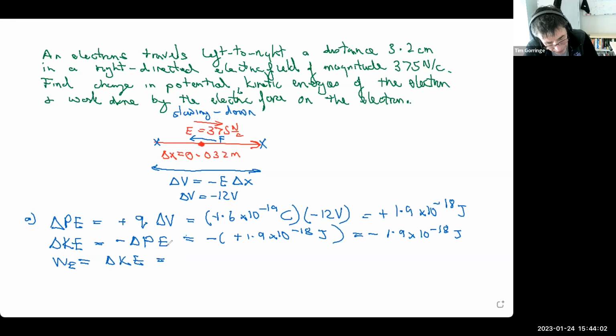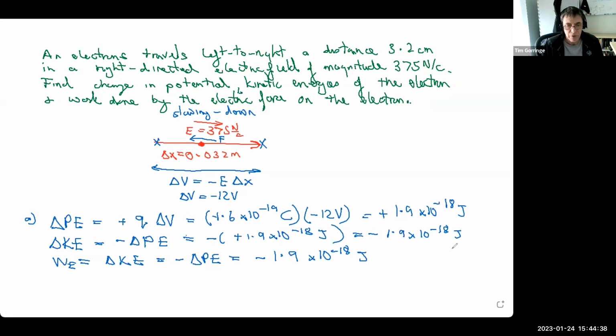And equivalently, the negative change in electrical potential energy would be the work done by the electrical force. But either way, that work done is that 1.9 times 10 to the minus 18 joules. The minus sign means that we've decreased the kinetic energy, we've slowed down the electron, and we've increased the stored electrical potential energy because of the new position of the electron.